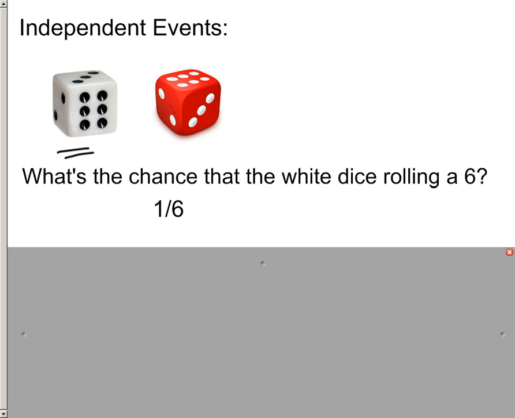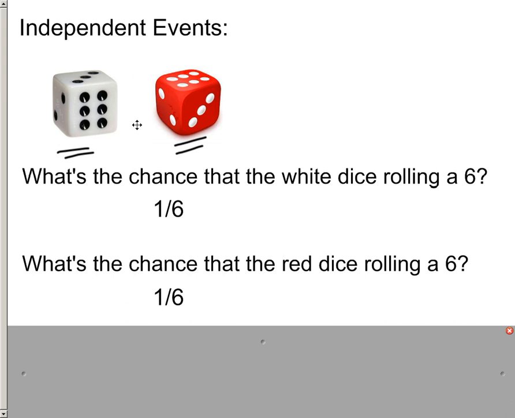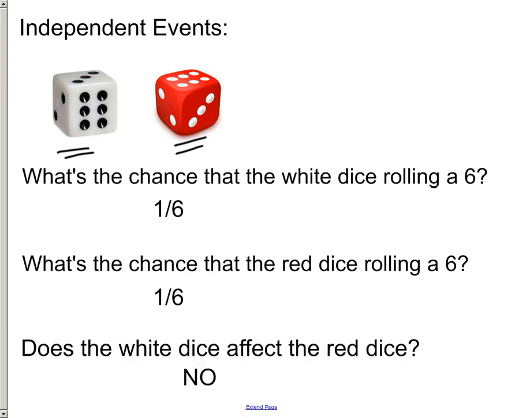Now, when I go to roll the red dice, what's the chance of this red dice rolling a 6? Well, that's got 6 sides, and one side has a 6 on it, so it'd be 1 out of 6 also. These two dice do not affect each other. So just to drive that point home, does the white dice affect the red dice? No. So we call that independent, okay?